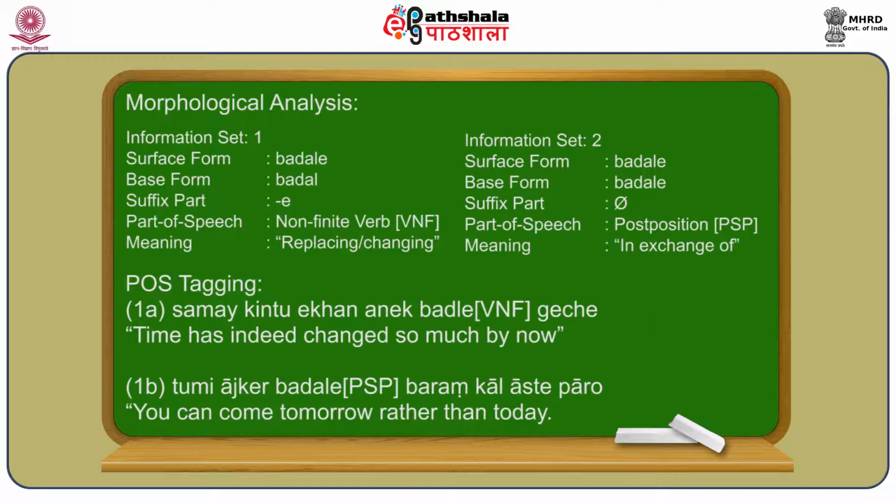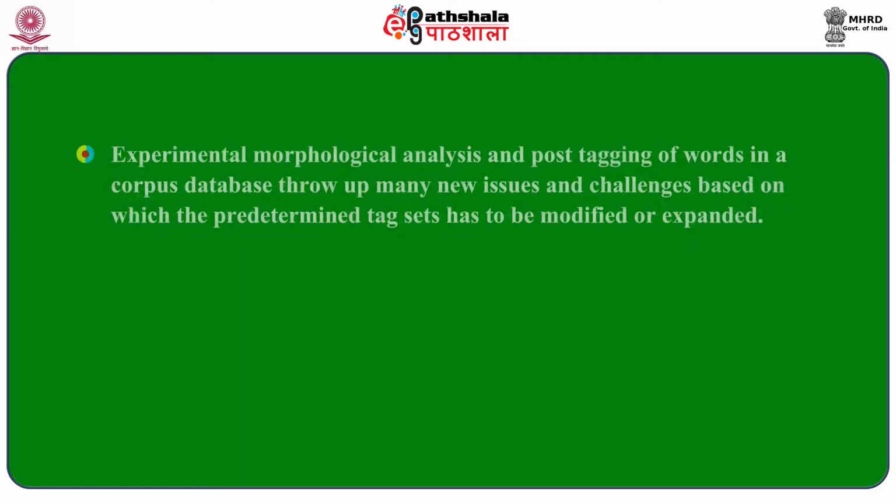So these two layers of information, two sets of information, are actually derived from the morphological analysis of the words. But when we are talking about parts of speech, we assign the first one as an instance of a non-finite verb, and in the second case, it is an instance of a postposition. So what happens?